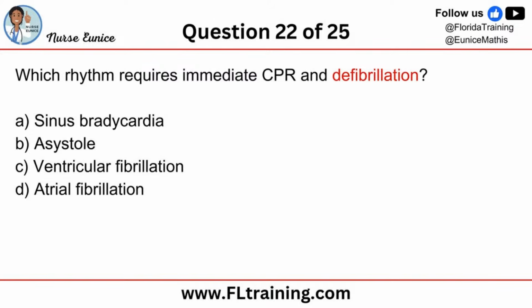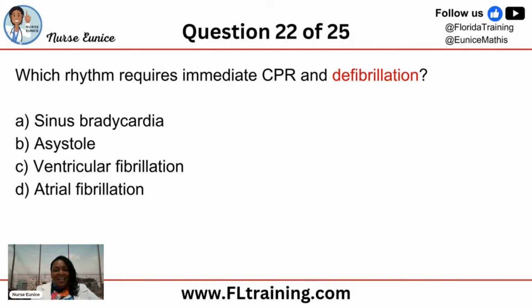I'm crossing my fingers. I hope that you all remembered that one of those means the lack of any electrical activity. And if they don't have electrical activity, we can't shock it. So, which one is the correct response for 22? Is it A, B, C, or D?